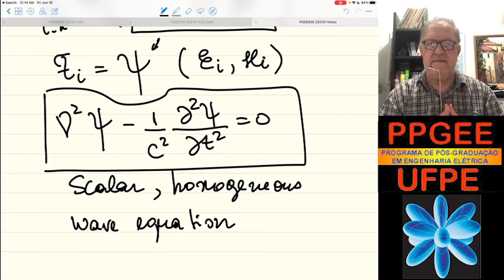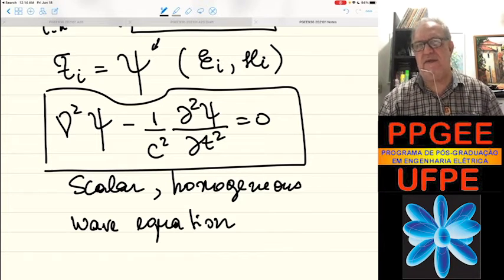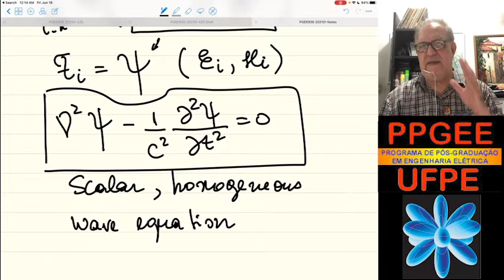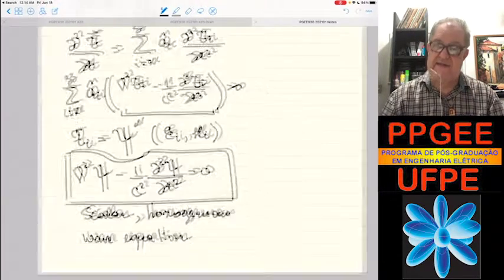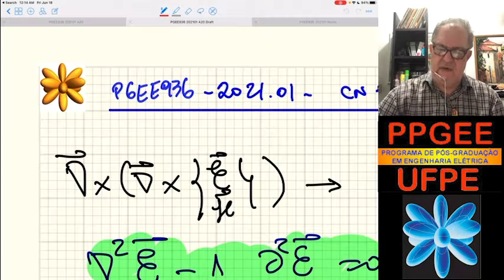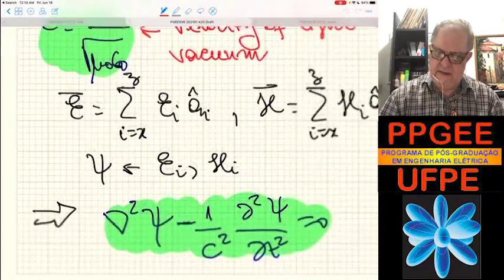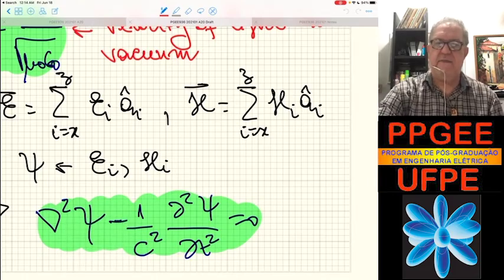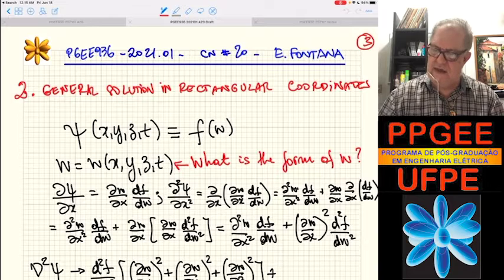So let's solve it without a priori knowledge of how the fields change with time. We're going to solve it in rectangular coordinates independently of the way the fields vary with time. That's a very nice way to look at the result. So let's take a look at the general solution in rectangular coordinates.